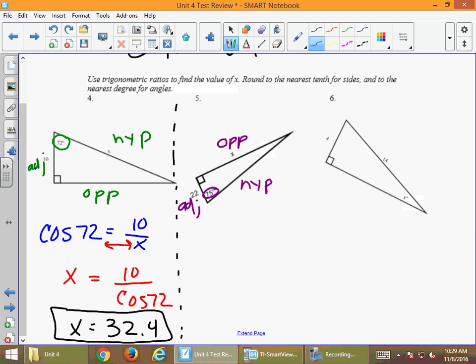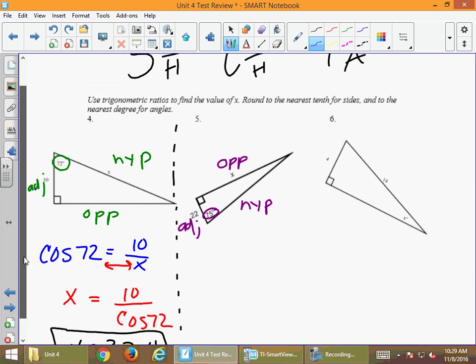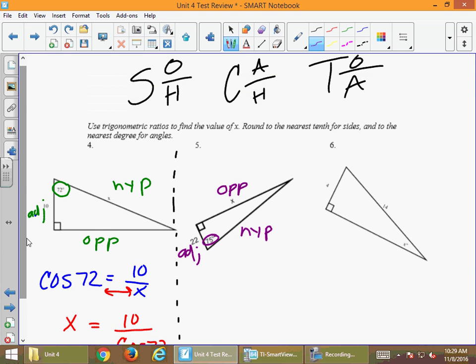What two pieces do we have? Yeah, adjacent and opposite. If we have those two pieces, which one are we going to use? Sine, cosine, or tangent? Tangent. Yeah, the O and the A. O and the A, we're going to use tangent.